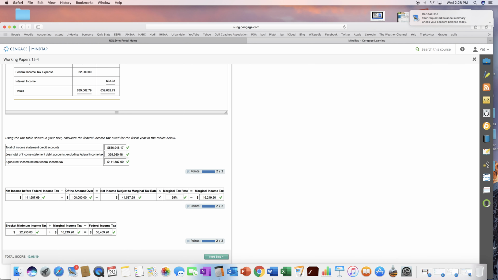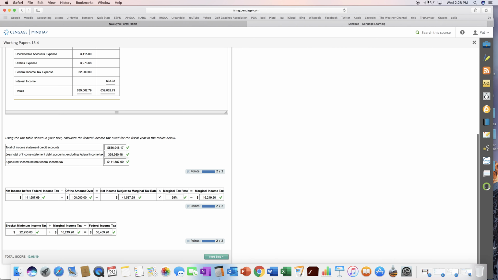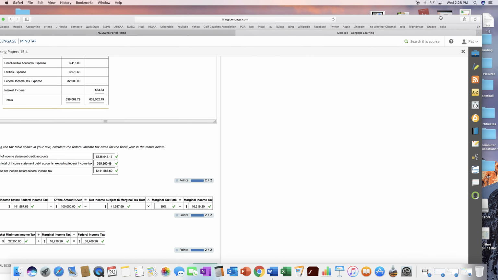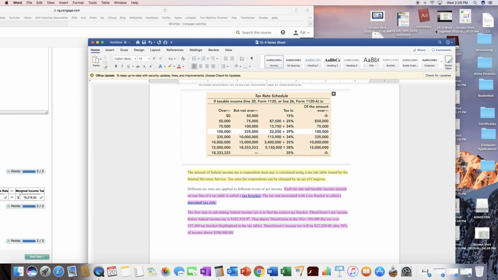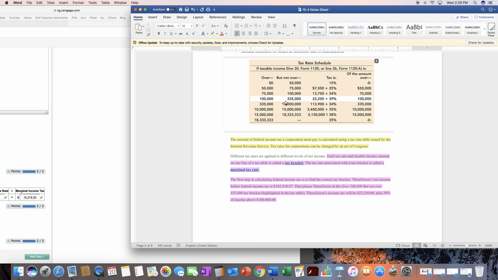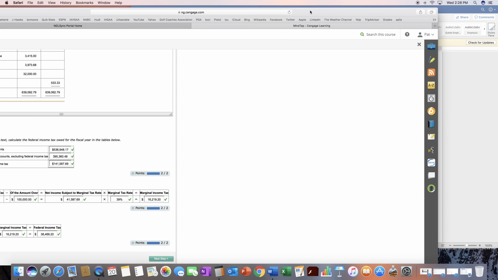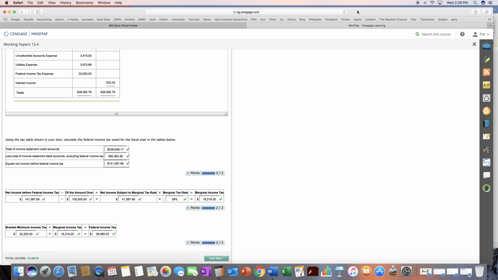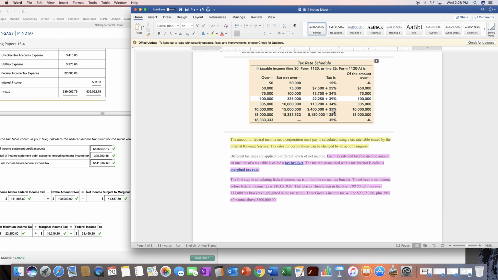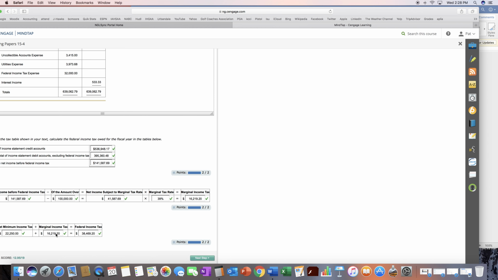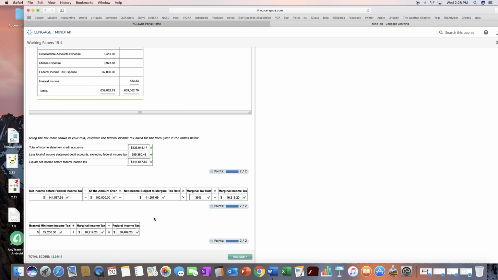And then we get this number. We add the marginal tax rate to the bracketed tax rate that we had there, of the 22,000 number. Okay. So we have this bracketed number, 22,250, plus the marginal tax rate gets us our total federal income tax: 38,469.